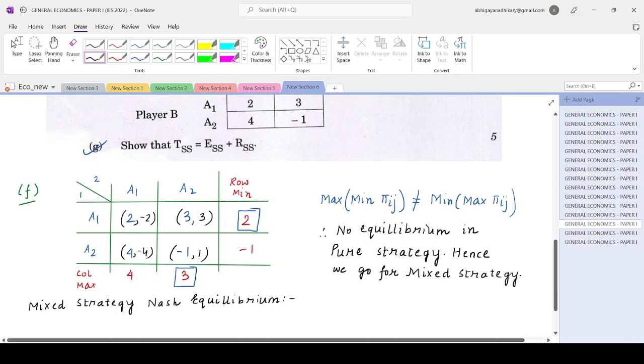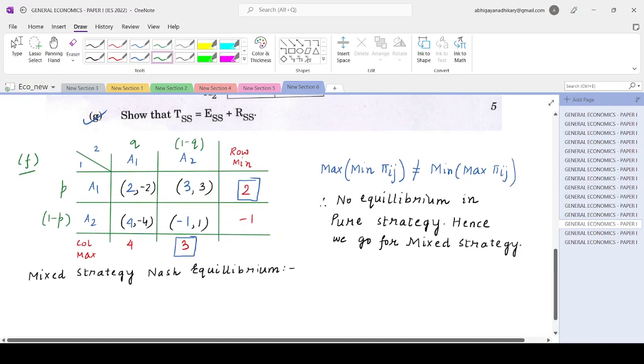Okay, so now let's see how we are going to do it. Let us say player 1 plays A1 with probability P and A2 with probability 1 minus P. And player 2 plays A1 with probability Q and A2 with 1 minus Q. Then what will be the expected payoff of player 1?